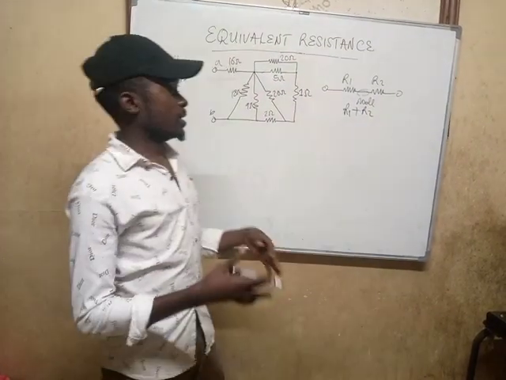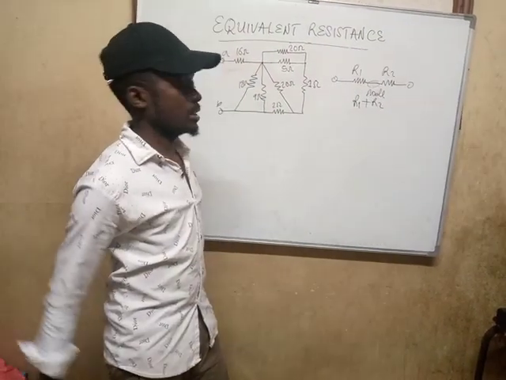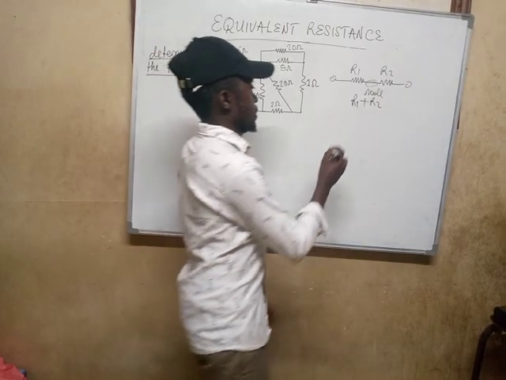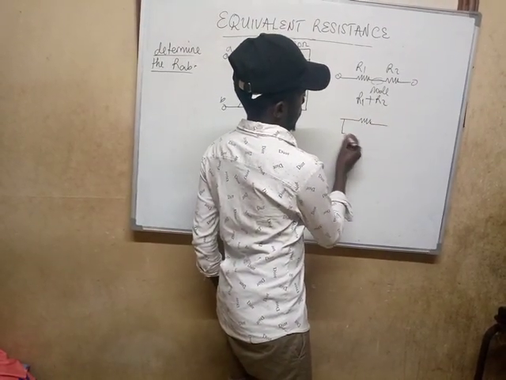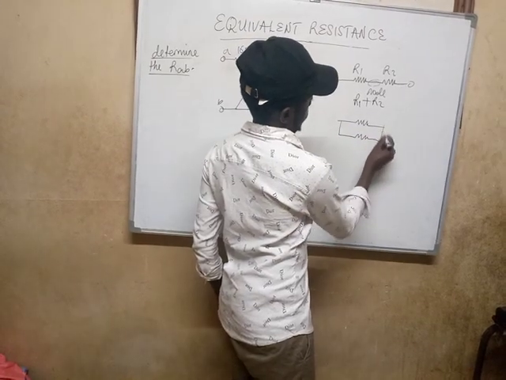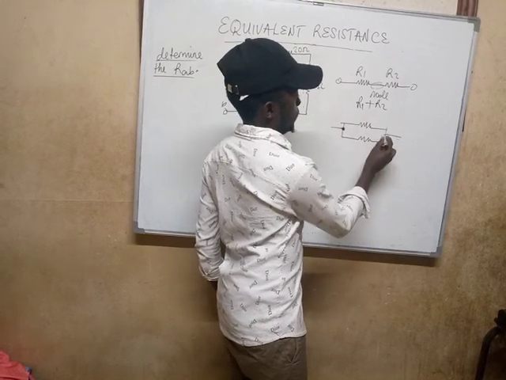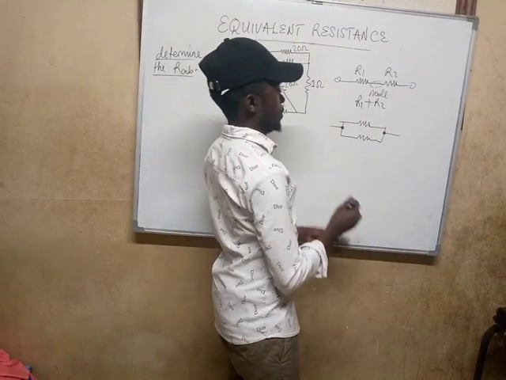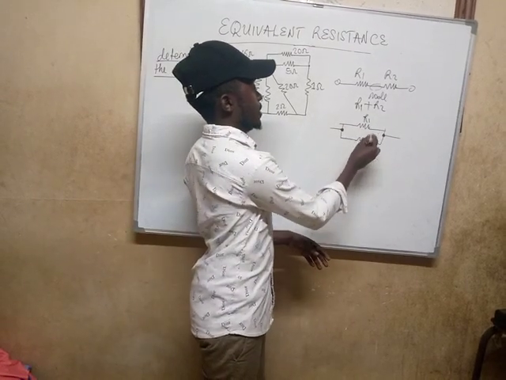Now, what of a parallel arrangement? Two resistors are in parallel if they share the same two nodes. Take for example, if we have this resistor and again we have this resistor. This is a node, and this is a node, because this is where the terminals of these two resistors are being connected.